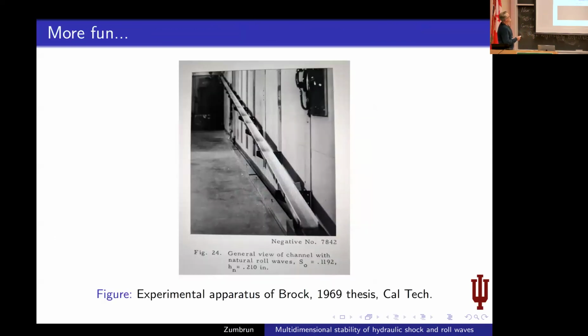But all right. Here I just really like this picture. This is from the thesis of Brock at Caltech, and he built this apparatus out of aluminum rain gutters, or probably galvanized. I believe this is the hallway at Caltech.